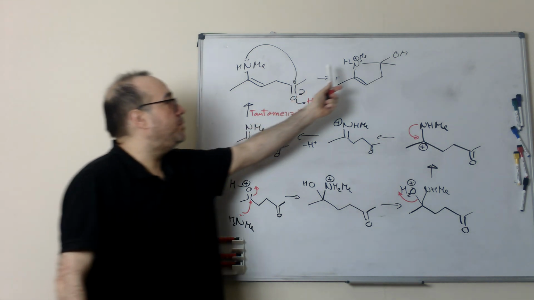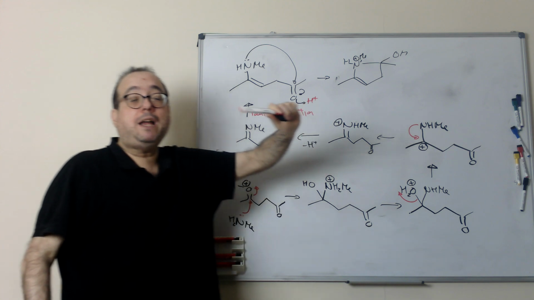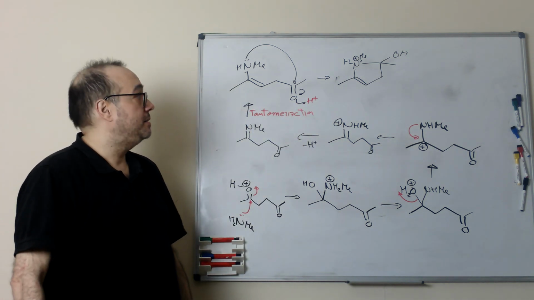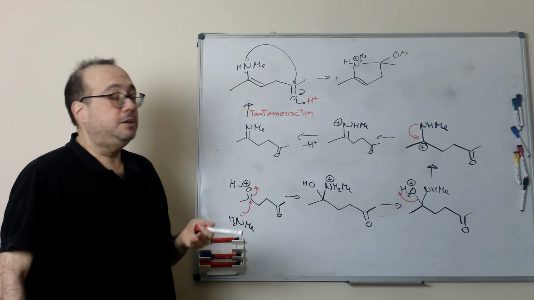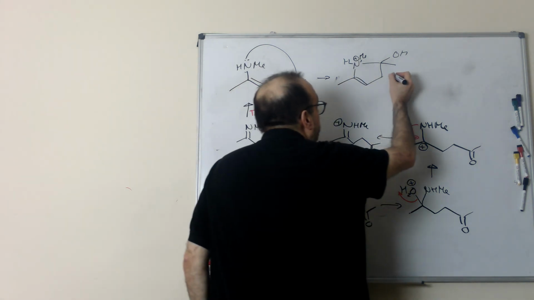Again, we remove the charge of the nitrogen and put it on the wedge. Why? The same as before. What we want to do is eliminate water and form the imine here. We generate this.